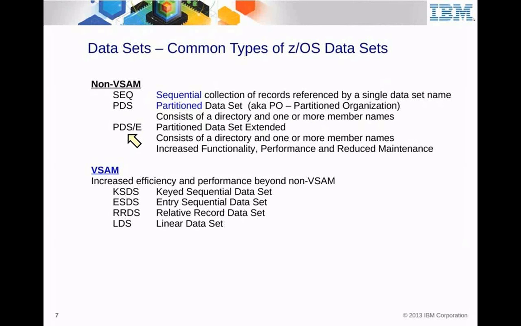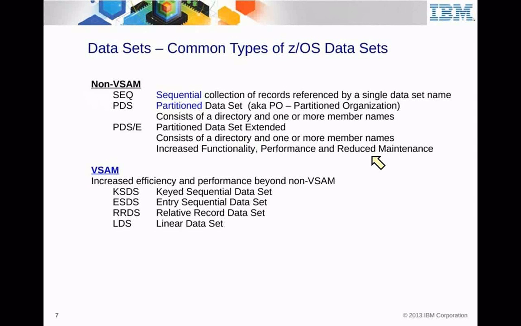We also then came up with something called a PDSE, Partitioned Data Set Extended. It has faster directory searches, and it has reduced maintenance. What do I mean by reduced maintenance? Well, it turns out that with a partitioned data set, the PDS, as you updated it or changed things, you would waste space inside of there.